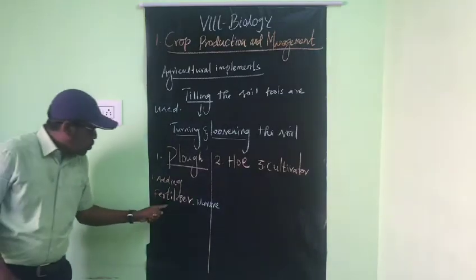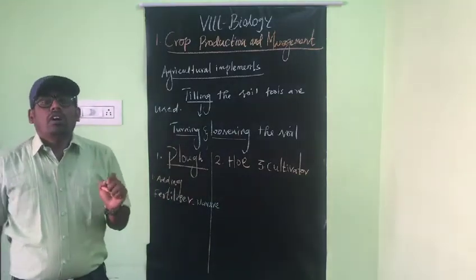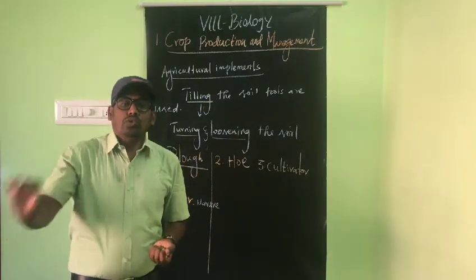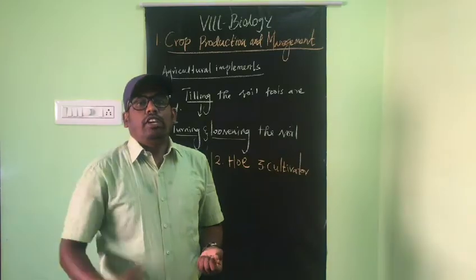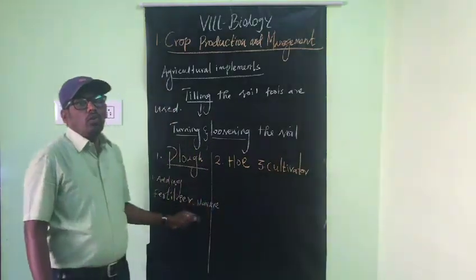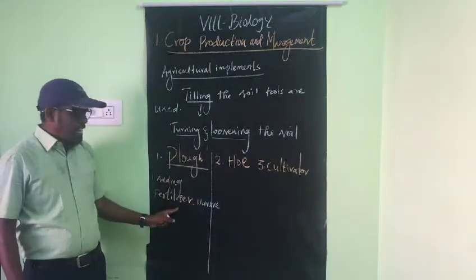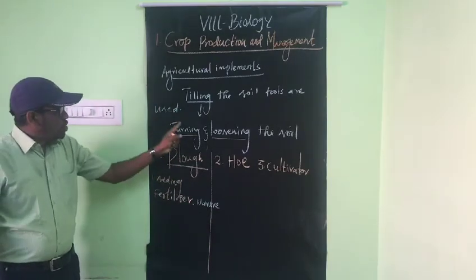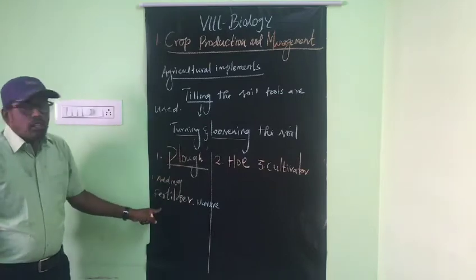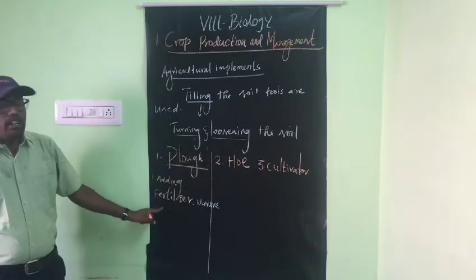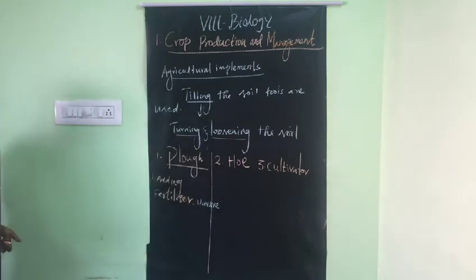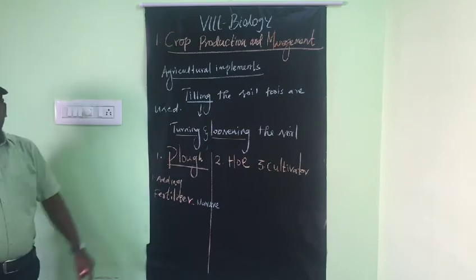What are manure and fertilizer? These are substances added to the soil to give nutrients to the growing crops. We have to do the tilling or ploughing, then only the soil is ready for adding fertilizer and manure. This is the first use of the plough.